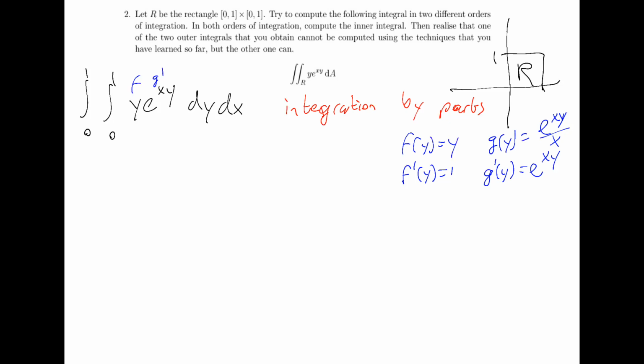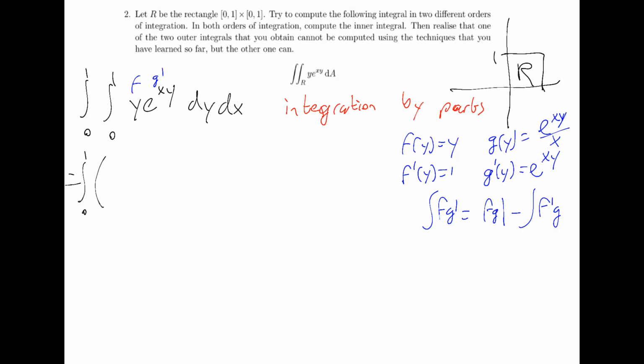Then I know the integration by parts formula, so you may have learned it with u and v, but it's all the same. The integral of f g prime is equal to f g between the boundaries minus the integral of f prime g. So if we apply this over here, first I'm going to keep the 0, 1 and the dx. So in the inner part, I'm going to do the integration by parts rule.